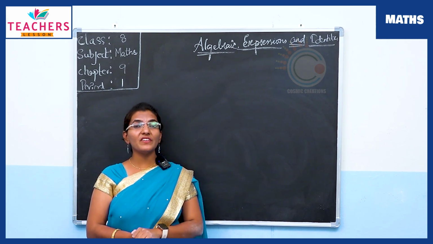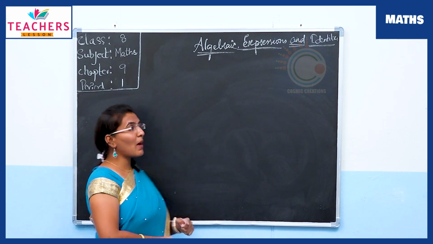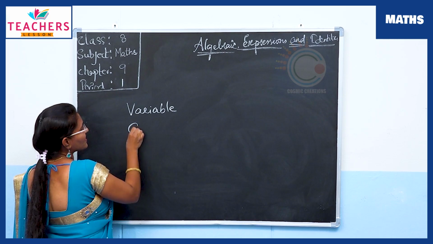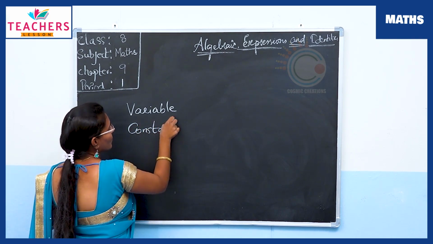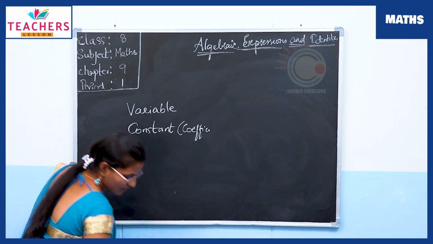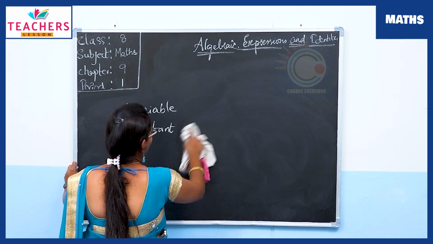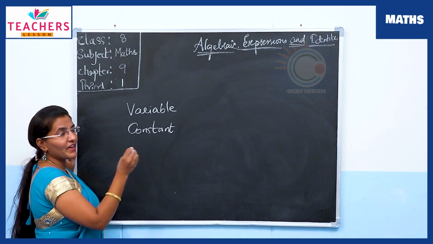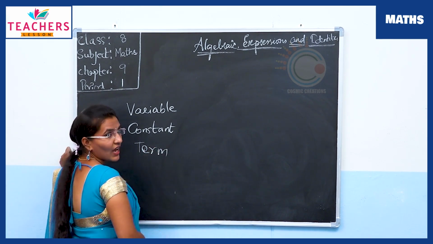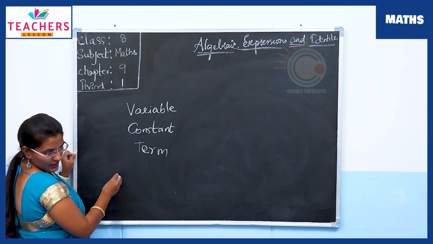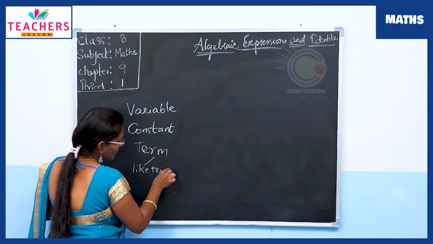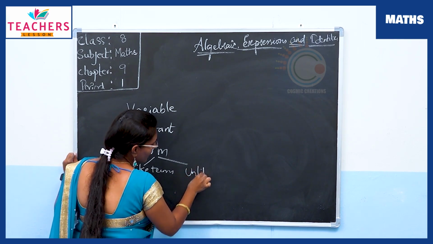So what have we learnt in this class? We have learnt about what is a variable, what is a constant, and that constant and coefficient are one and the same. We have learnt about the variable, constant, term, and in the term we have learnt about like terms and unlike terms, isn't it?